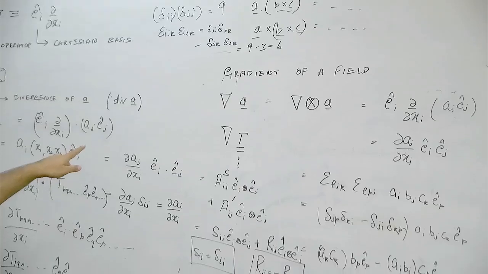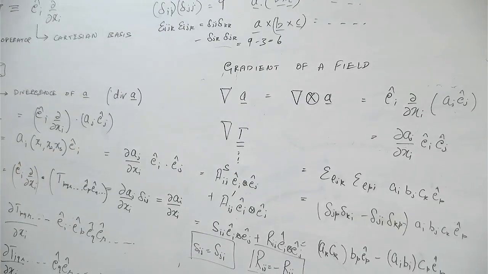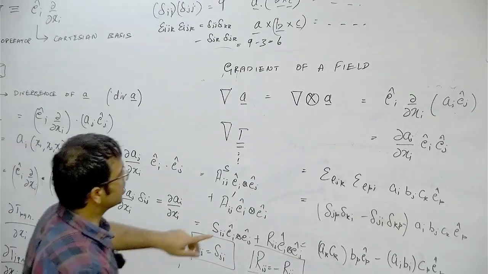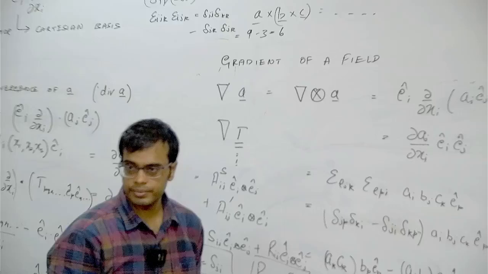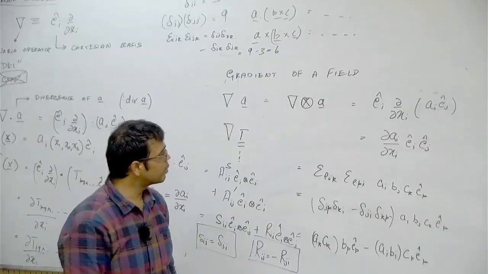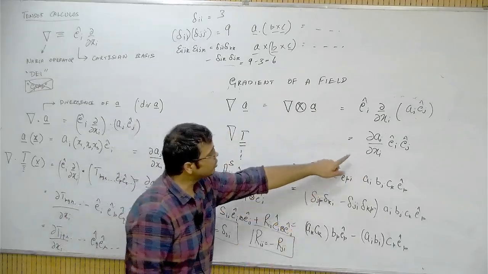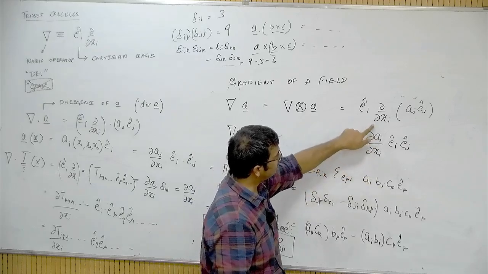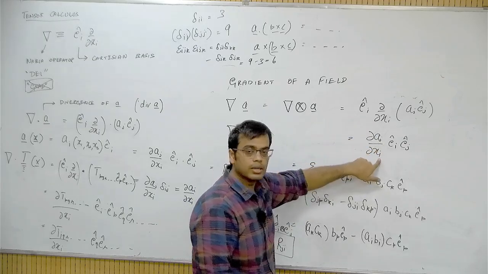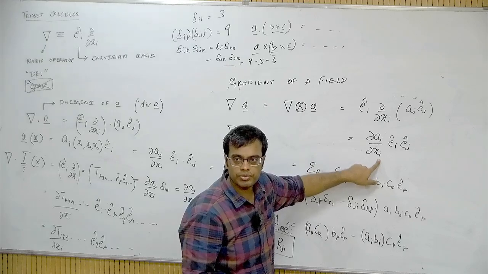So for a vector, the gradient of a vector field gives you a second order tensor. It is very important to note which one of the indices appears first. It's the differentiation that appears first.